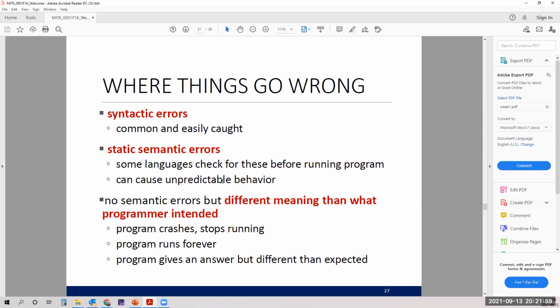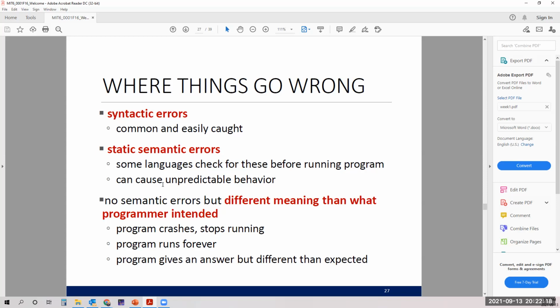Okay, what if we have syntactic errors? It's common and easily caught by the compiler. Static semantic errors: some languages check for these before running a program, and they can cause unpredictable behavior.